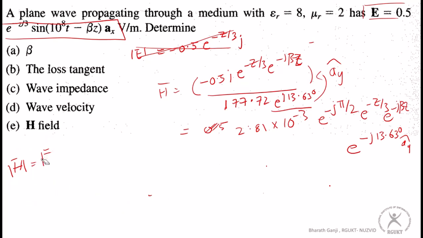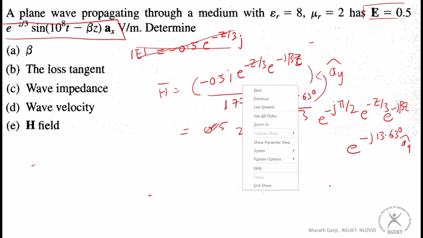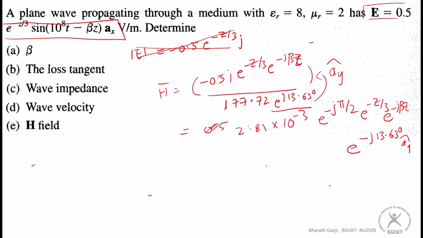So I multiply with e^(jωt) and take the real part for this answer. This becomes simply 2.81 × 10^-3.